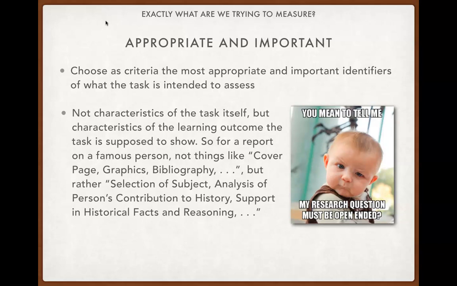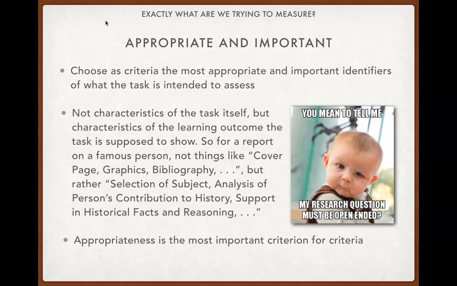Analysis of the person's contribution to history within their report. Did they support historical facts? Did they support their reasoning and logic within their report with historical facts and reasoning? So the criteria are much more in depth than very basic surface things like a cover page and so on.